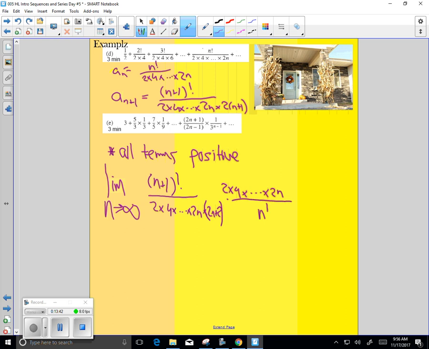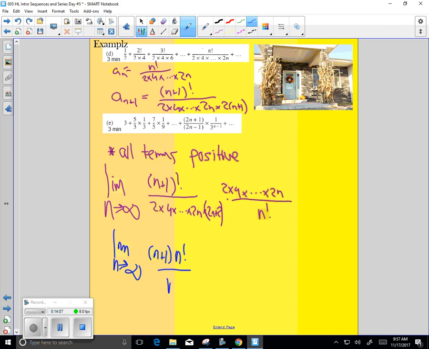n factorial. You like that factorial, don't you? Anne's shaking her head. I agree. It's a little nasty. So you have the limit as n approaches infinity. I'm going to rewrite this as n plus 1 times what? n times n minus 1 times n minus 2.